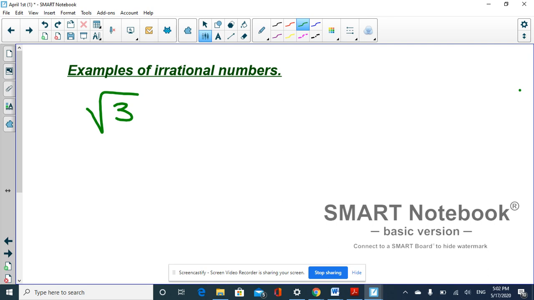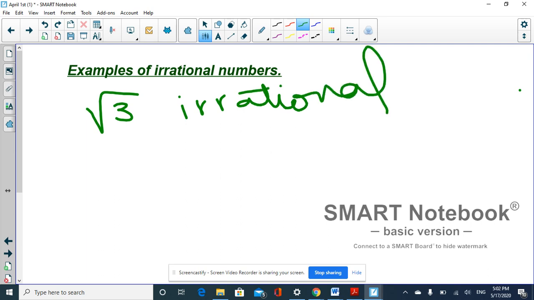So the square root of a non-perfect square is an irrational number. Is there any number that, if you multiply it by itself, gives you 7? No. So this is an irrational number.